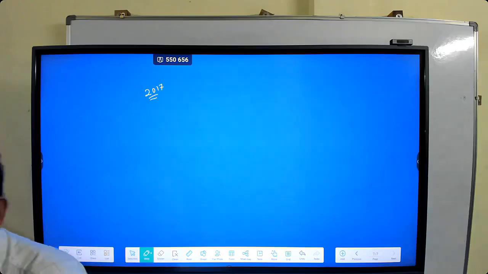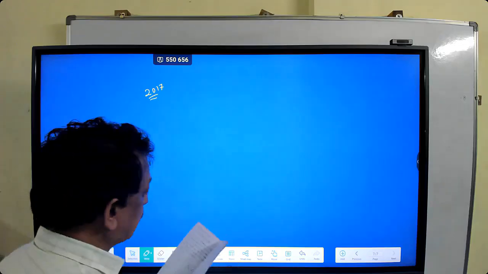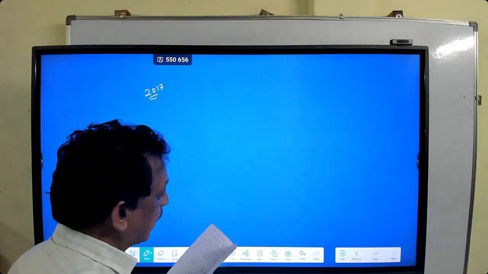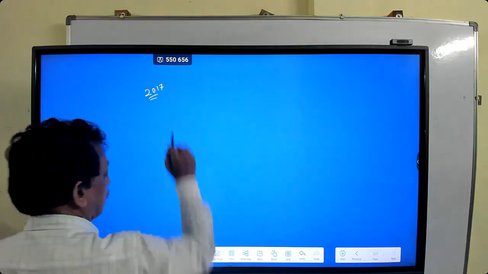No, another problem. Standard cases for force on current carrying conductor. Concept. Next one.